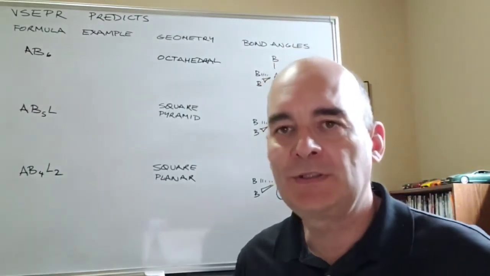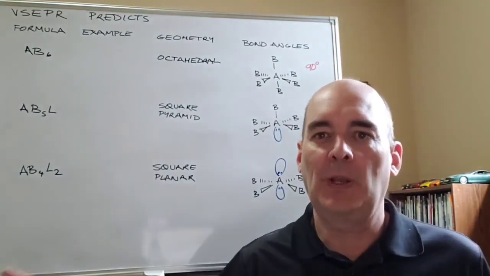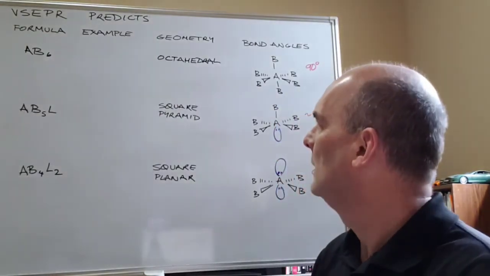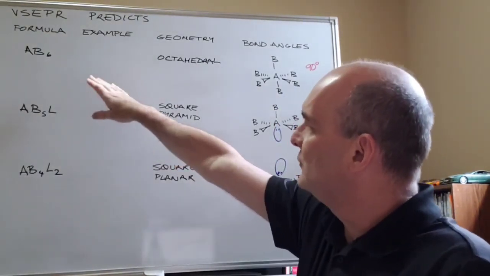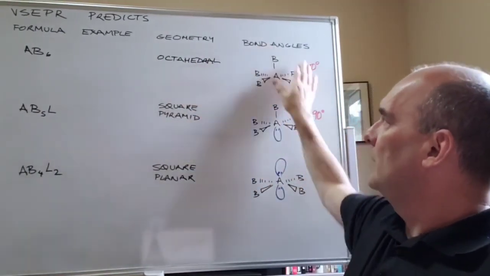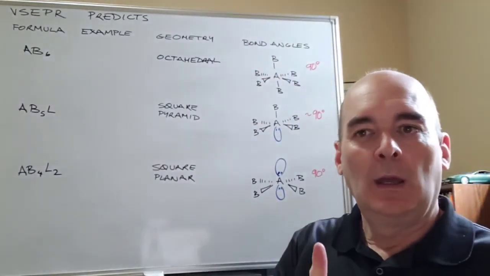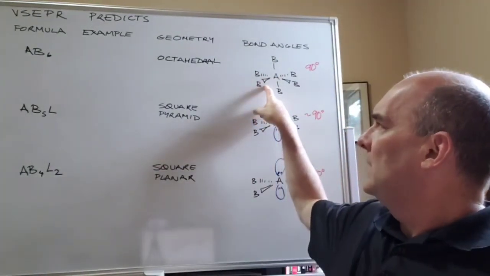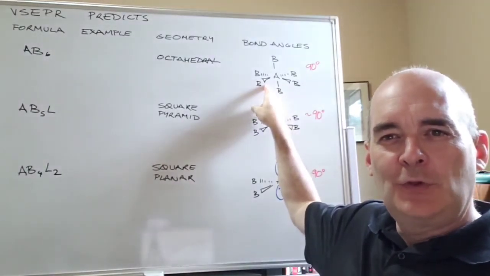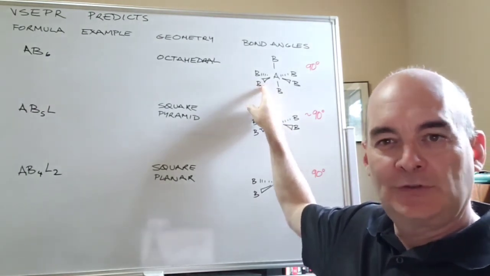Okay, now I'm going to start with an octahedron, and I'm going to replace bonds with non-bonding pairs of electrons. So AB6, I have a central atom with 6 bonds around it. It gets octahedral geometry where all of those angles are 90 degrees. One thing that we haven't pointed out, if the illustration shows you a wedge, that means that the bond is coming out towards you.